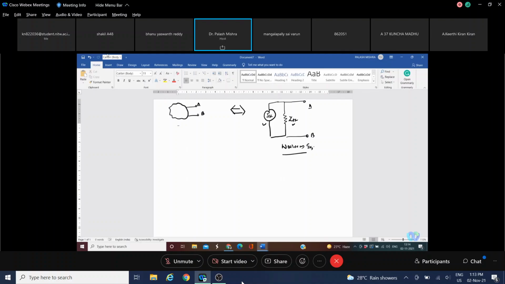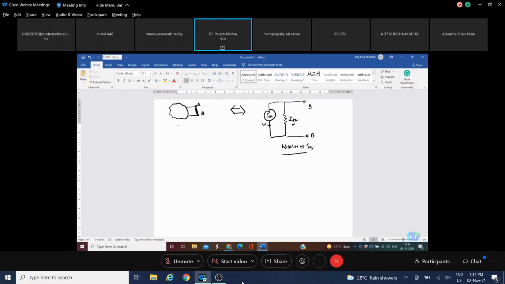So what is current ISC? It is the short circuit current through that terminal if those terminals are short circuited like this.